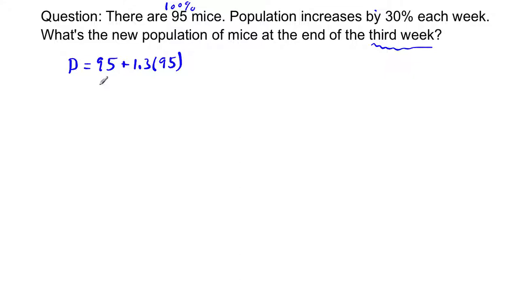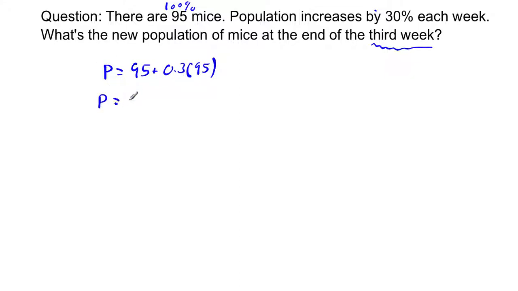Well, if I factor out that 95, the population is going to be the original value, plus how much did we add? We added 30% of the 95. I'm getting ahead of myself, sorry. So we added the 28.5, and that's how we got our answer.